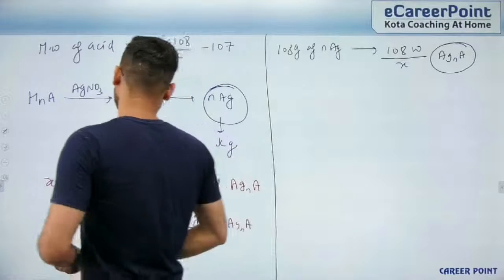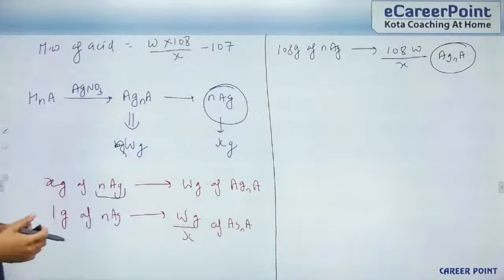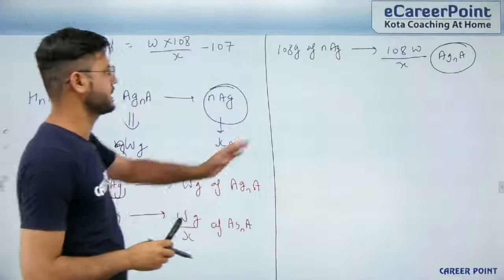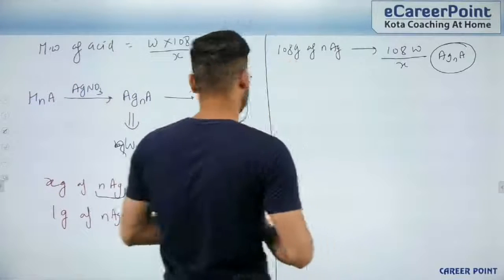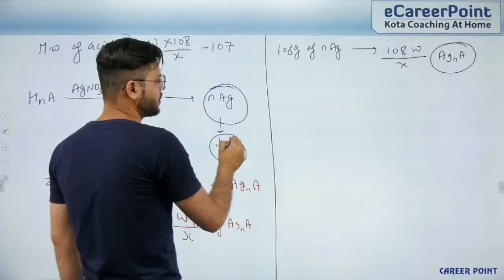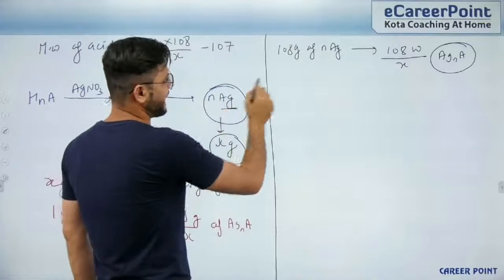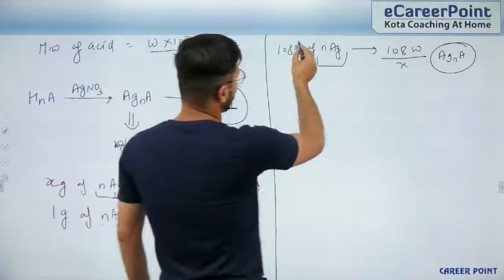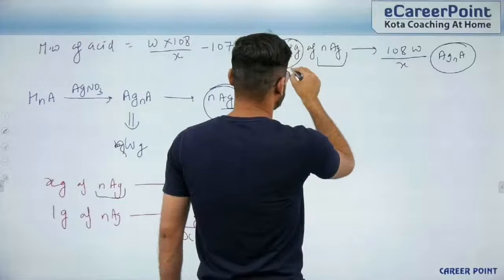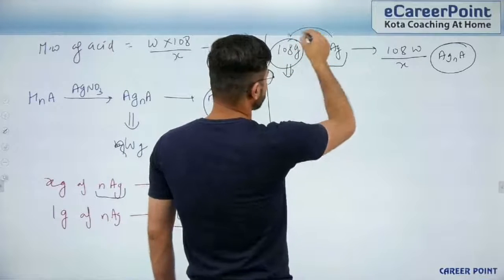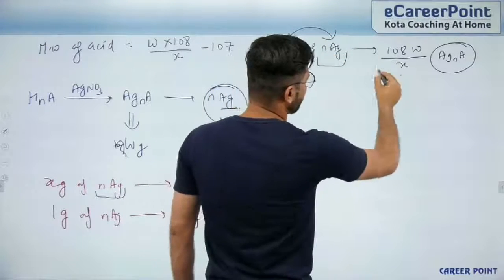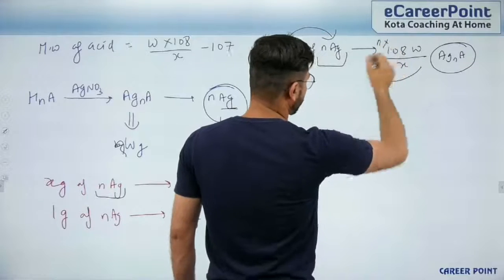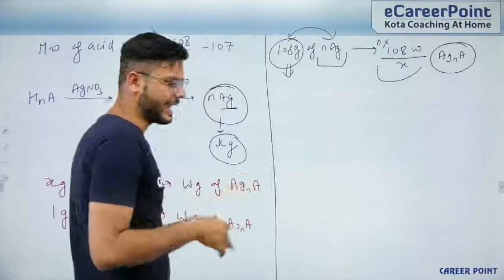This much of salt we will require for deposition of 108 gram of Ag. So the total weight is n into 108, because this is the weight of 1 silver. Here we also require multiplication by n.